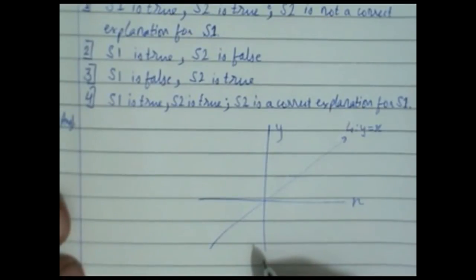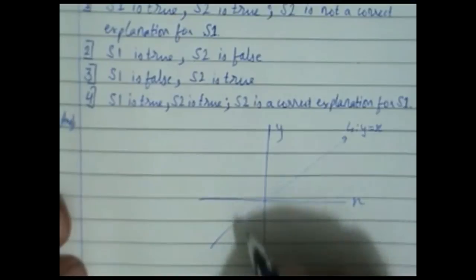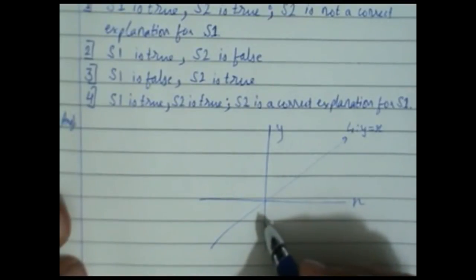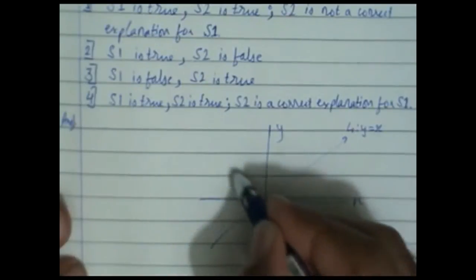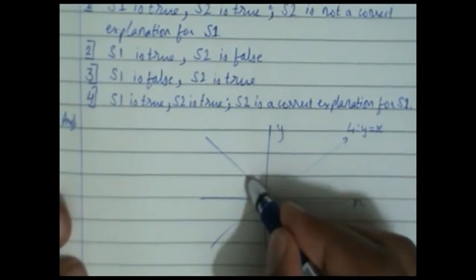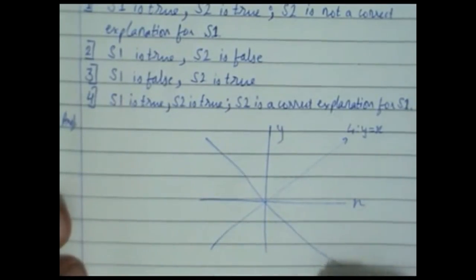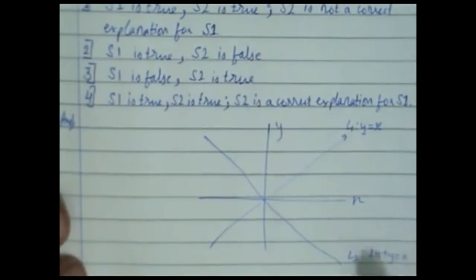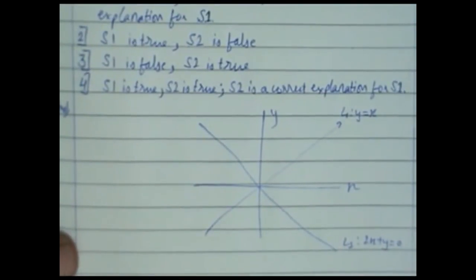L2 is 2x plus y is equal to 0, that is the slope will be minus 2. So this is the line L2 whose equation is 2x plus y is equal to 0.